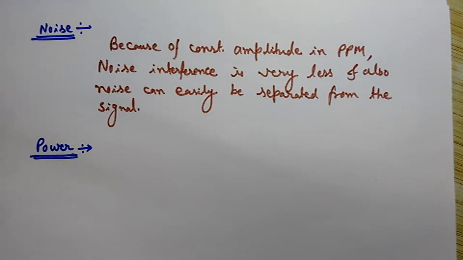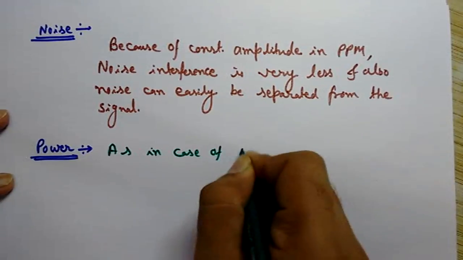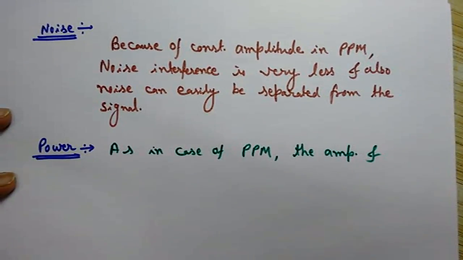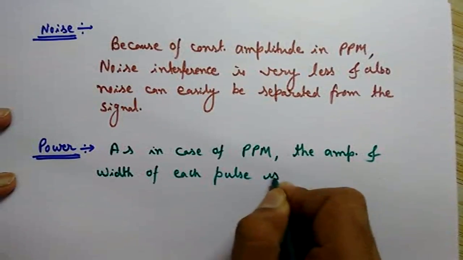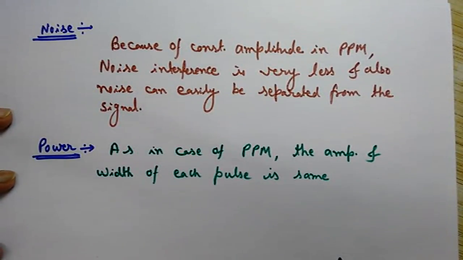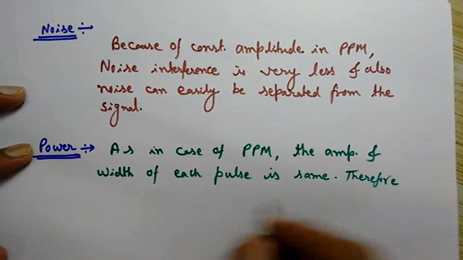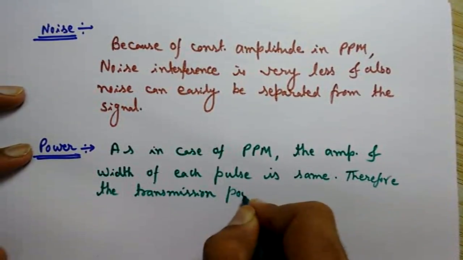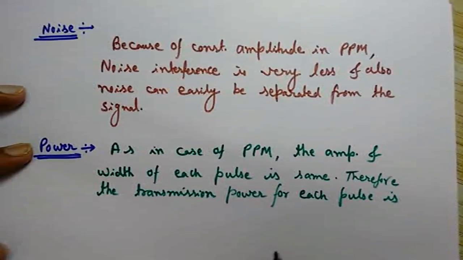So as we know here that the amplitude and width of each pulse is same, okay, therefore the transmission power for each pulse is same.